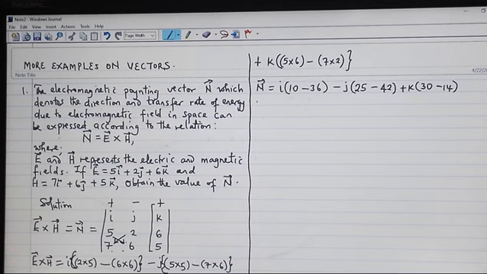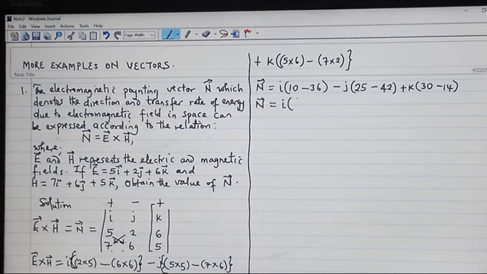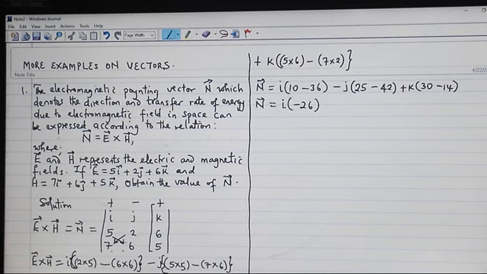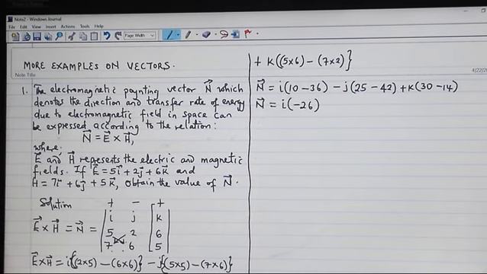So this leaves us with n is equal to i into 10 minus 36 is minus 26, then minus j into 25 minus 42 gives us minus 17, plus k. 30 minus 14 is 16, so we say 16k.